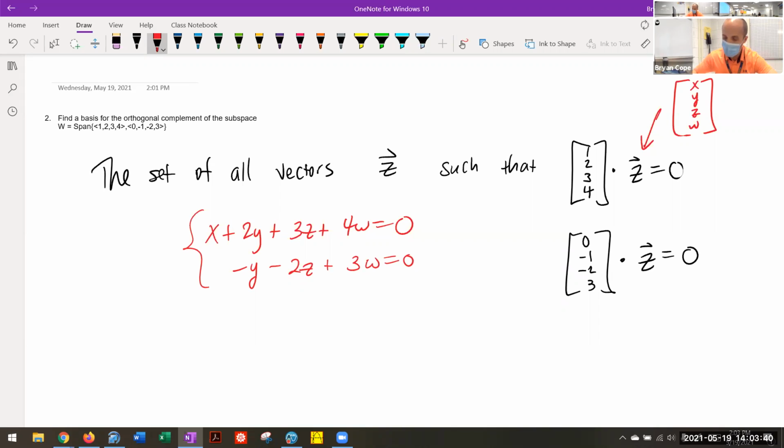So we have a system with 4 unknowns and 2 equations. And then, of course, at this point, it's the same as everything this year. REF, right? So we've got a matrix 1, 2, 3, 4, 0, and then 0, -1, -2, 3, and 0. So it's a homogeneous system. We know it's going to have some non-trivial solutions because we've got some free variables in here, right?